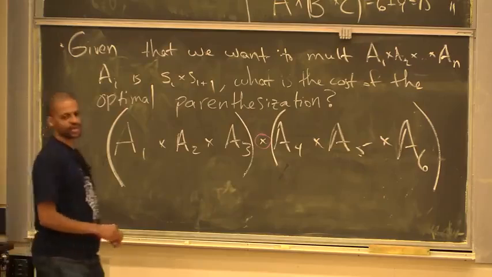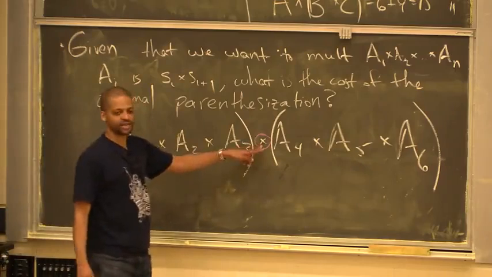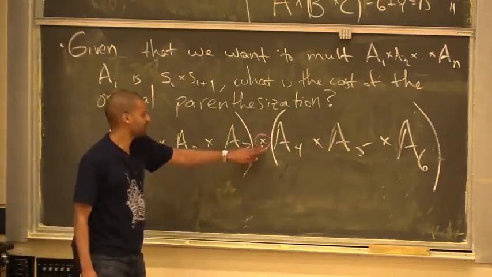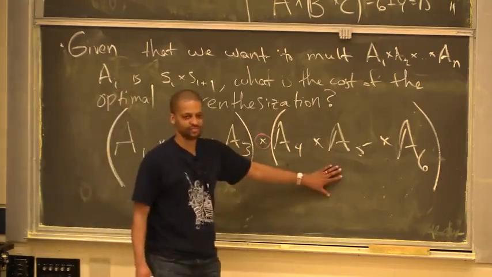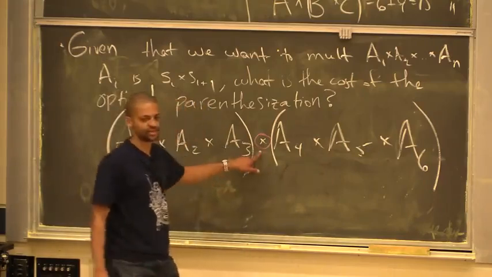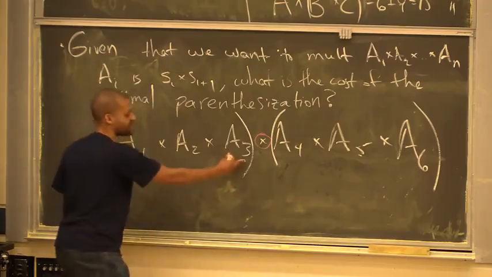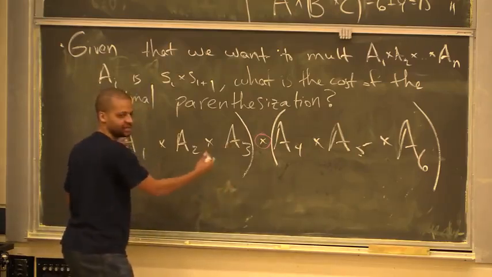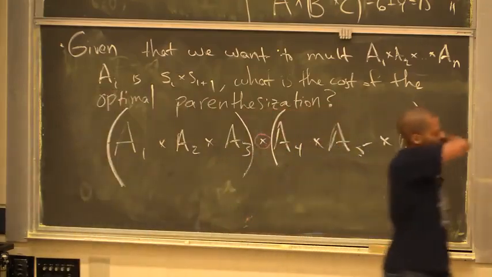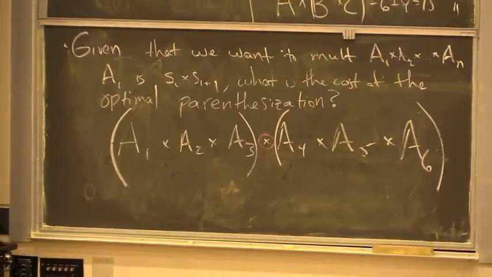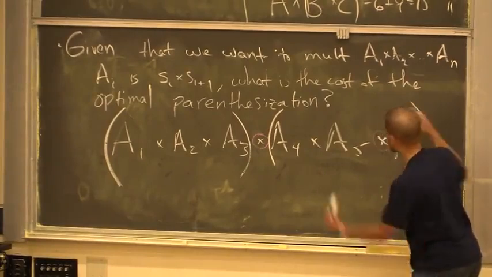And then this lends itself to recursion, because now I'm asking, given that I've chosen to do this multiplication last, now what's the optimal way to combine these three matrices, and what's the optimal way to combine these three? And once I do that, I know what the cost of this will be, because the cost of this only depends on the first dimension of A1 and the last dimension of A3, which doesn't change depending on how I do this, etc. Okay, so you see here, if you recurse, here I say, suppose I choose to do this one last, within this part.